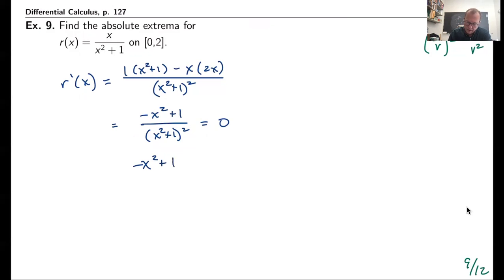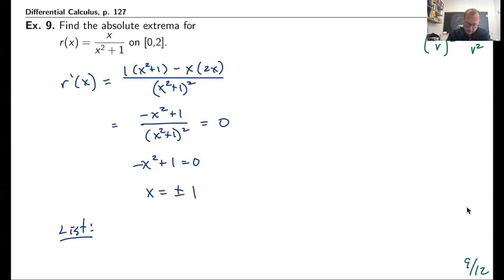And that tells us that the x is going to be plus or minus 1, right? And then, of course, we also have the endpoints that we put in our list.